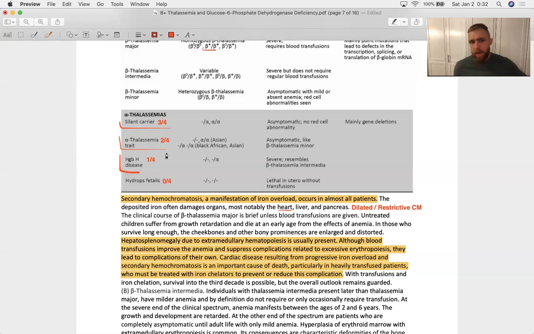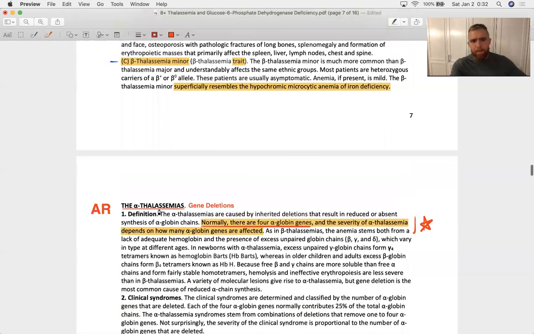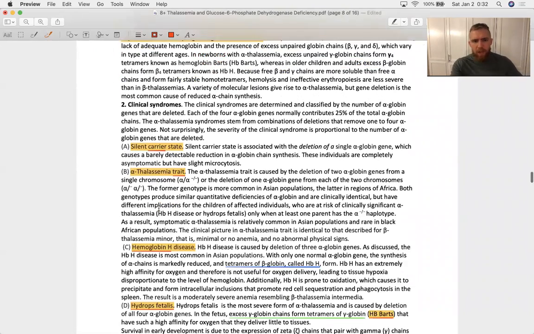And in a question stem, that's typically going to present as Asian or African parents who have had this 3rd trimester spontaneous abortion, and they both have a history of low hemoglobin, or maybe they give you both the parents' bloods and they both have low hemoglobin, and you're supposed to infer, okay, this is hydrops fetalis due to hemoglobin Barts due to this 0 out of 4 alpha thalassemia. So that's the different alpha thals you could have.